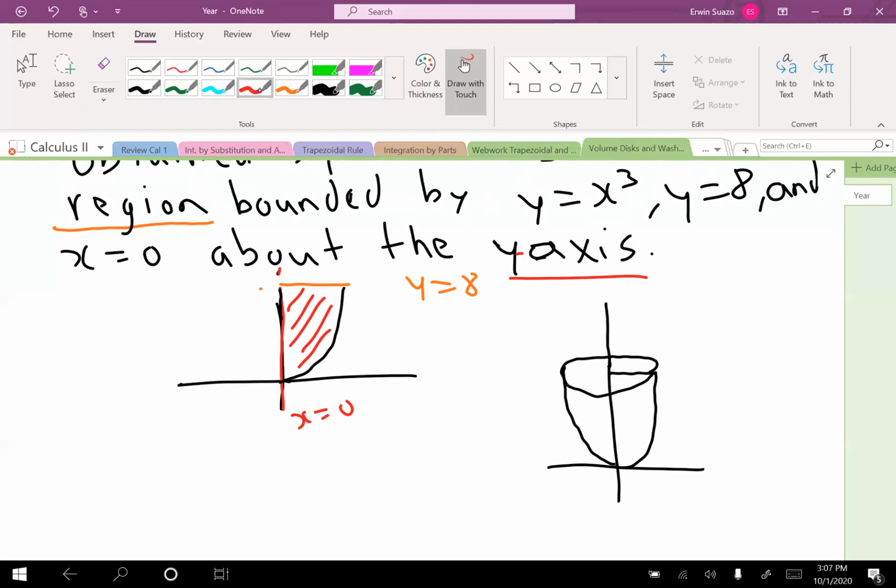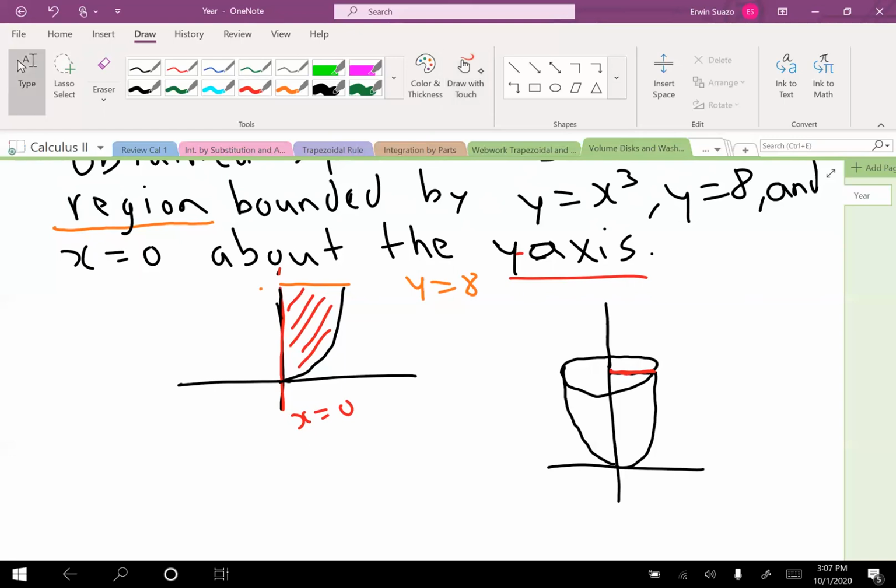And look at this. This is showing me the radius, right? Now when I rotate it around the y-axis, my formula changes.